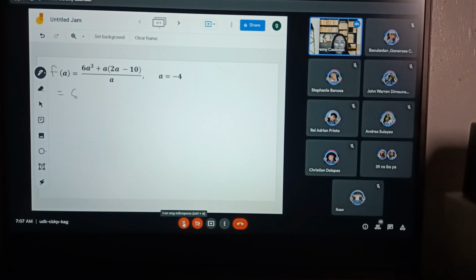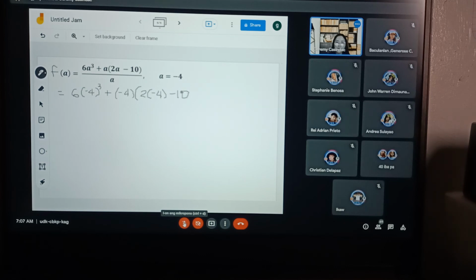Okay, so now we have 6 times negative 4 raised to 3 plus negative 4 times 2 negative 4 minus 10, all over negative 4.